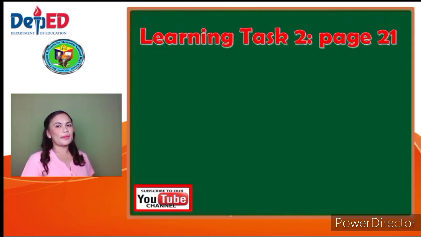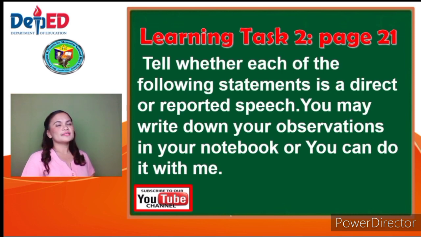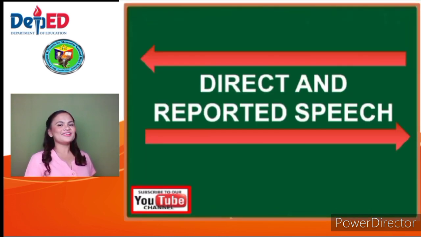Learning Task 2, page 21. Tell whether each of the following statements is direct or reported speech. You may write down your answers in your notebook, or you can do it with me. Again, in this activity, you are going to simply tell whether the sentence is direct or indirect speech.